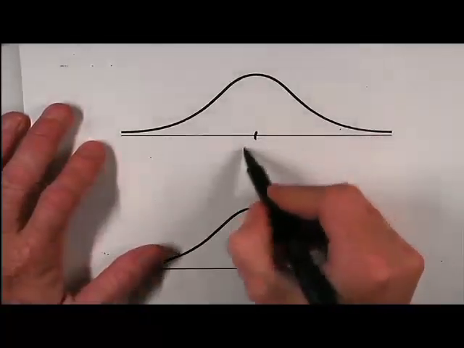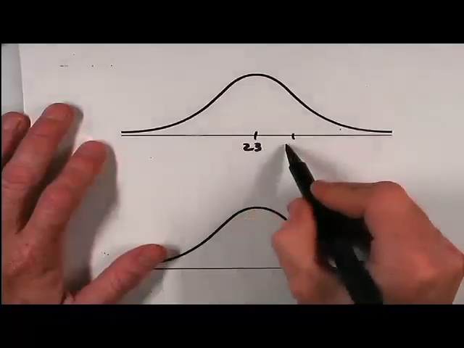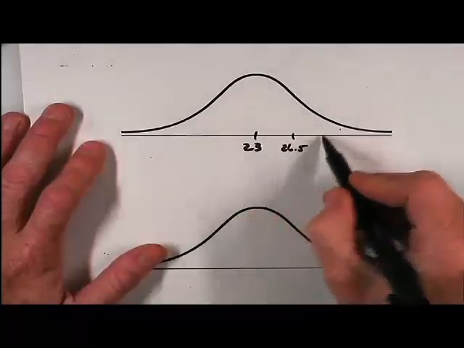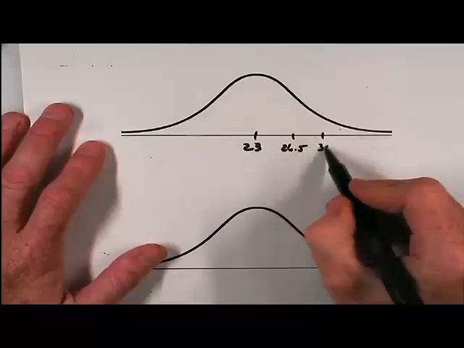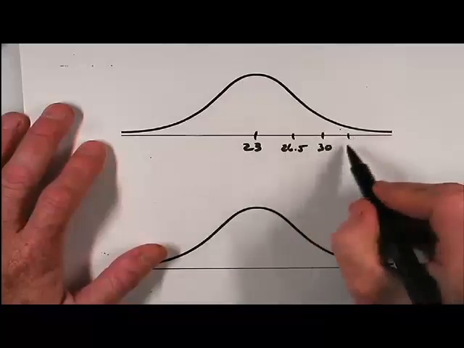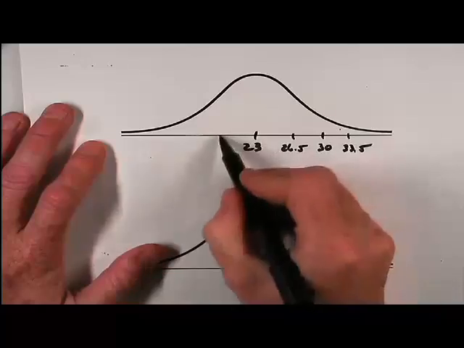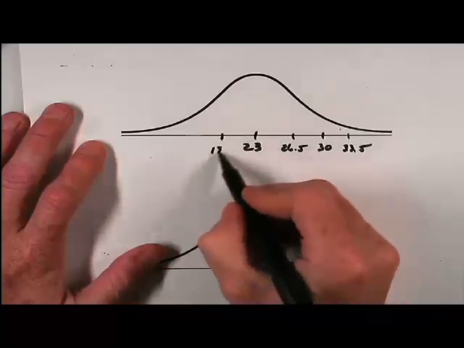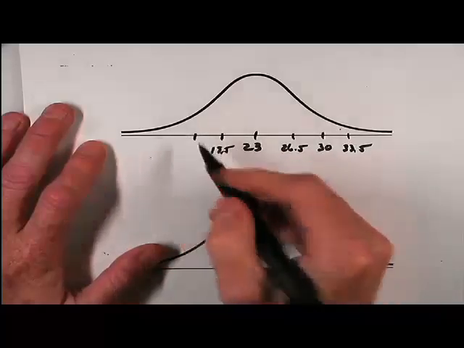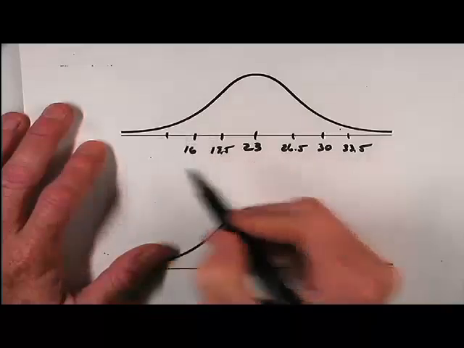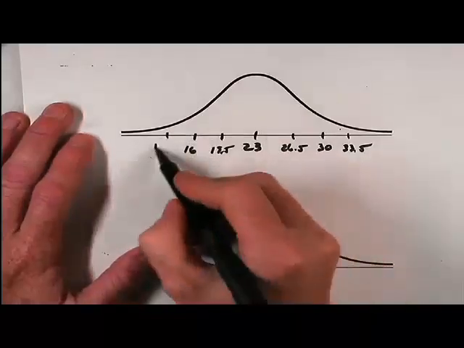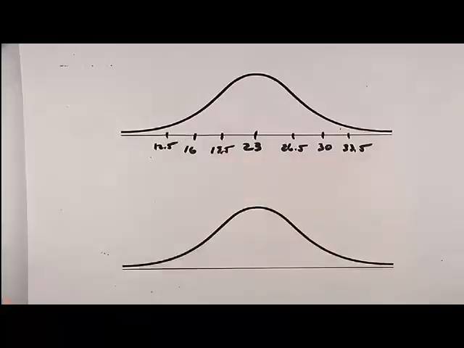So I've got the 23, 26.5, 30, 33.5, 19.5, 16, and 12.5. All right.